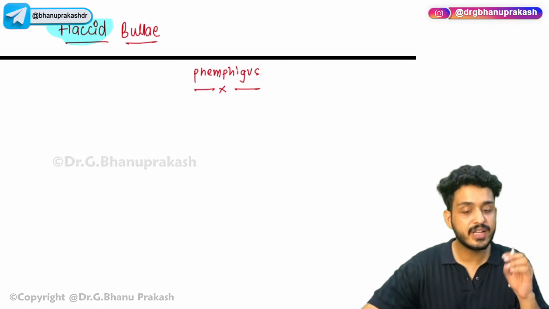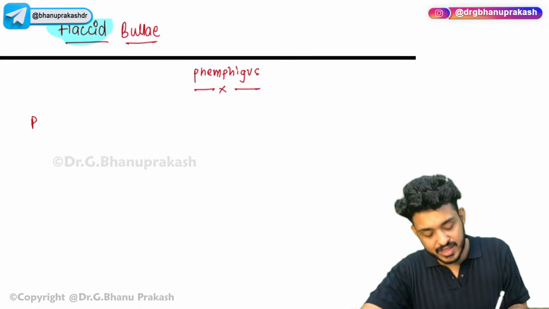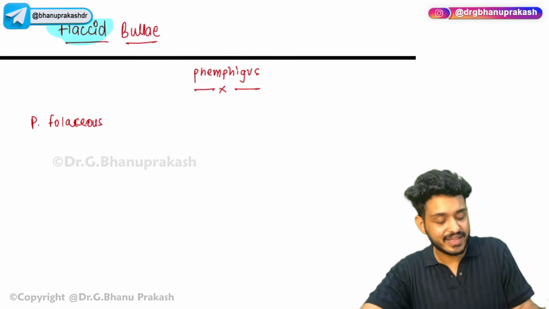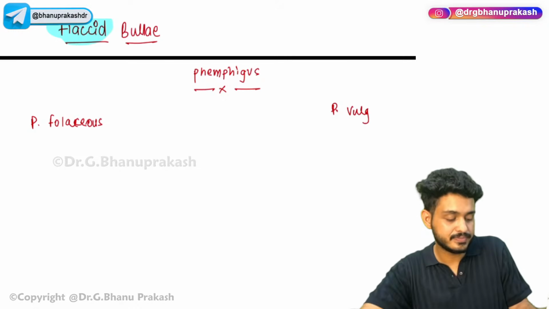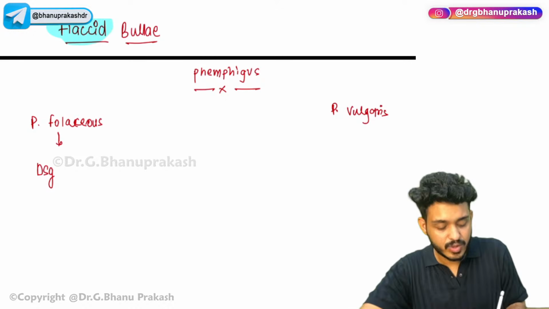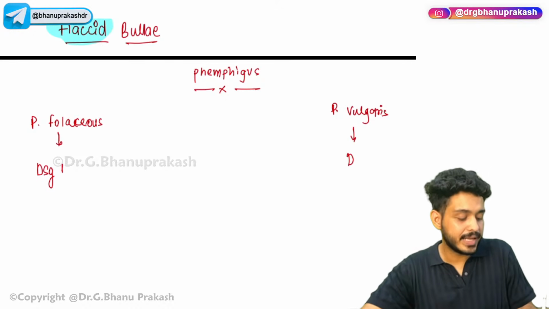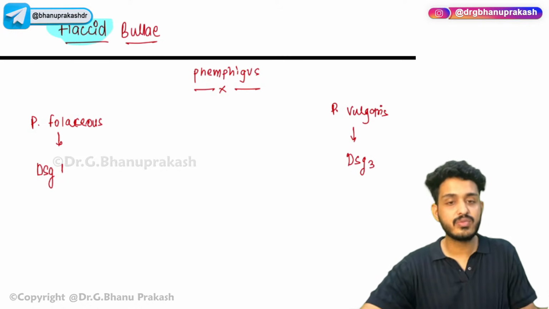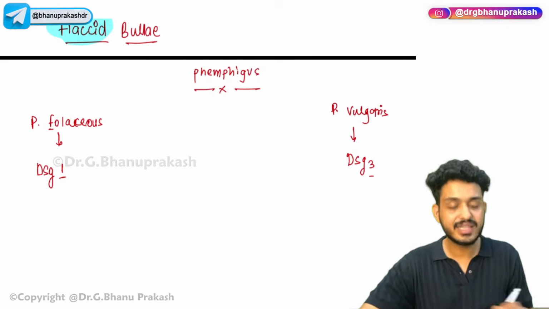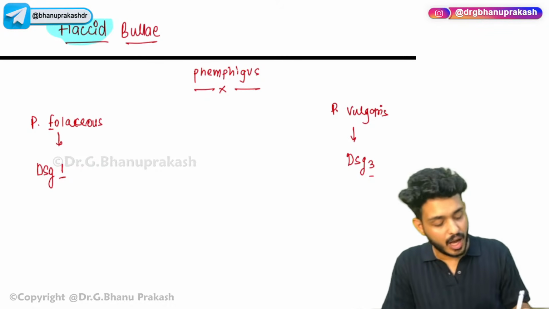So what is pemphigus? In pemphigus, we have two things: pemphigus foliaceus and pemphigus vulgaris. We have already seen foliaceus will be desmoglein 1, vulgaris will be desmoglein 3. Antibodies are formed against desmoglein 1, 1 is first for foliaceus, and here 3 will be for vulgaris. How will you identify?